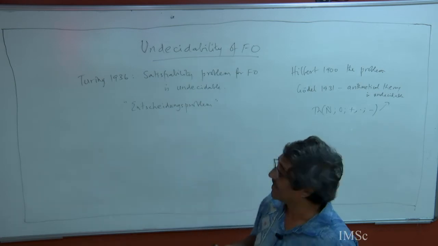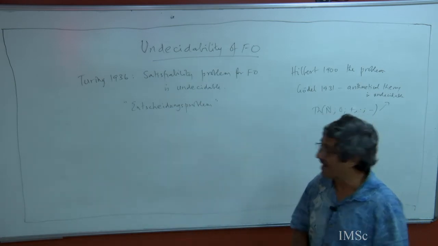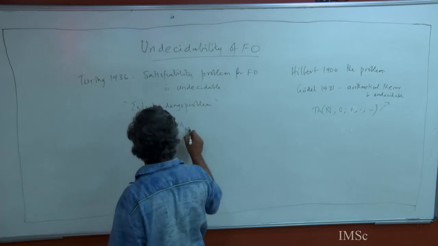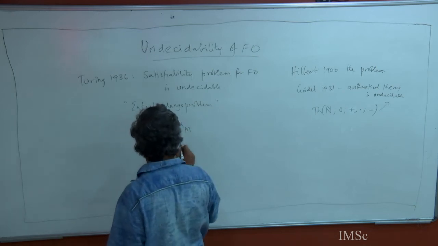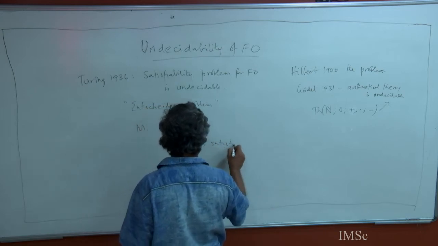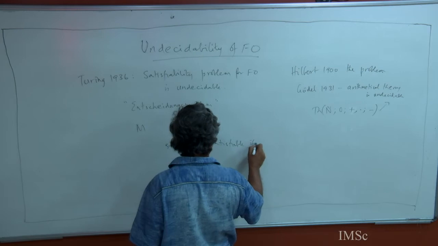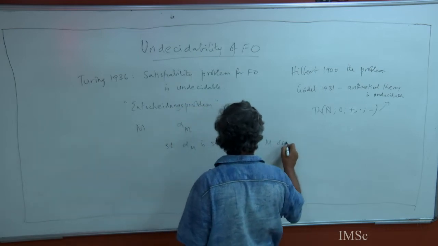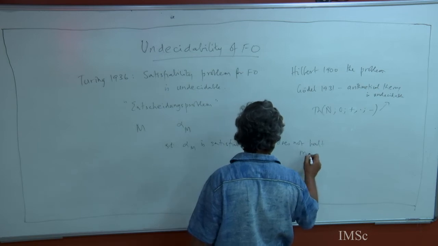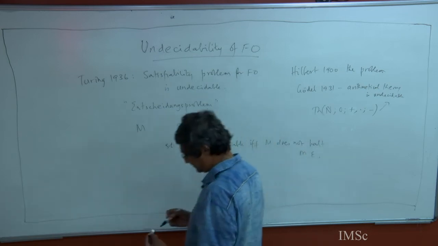That is, that given any Turing machine M, I can construct a first order formula alpha_M such that alpha_M is satisfiable if and only if M does not halt on the empty string.